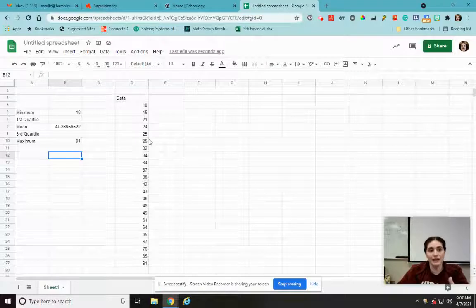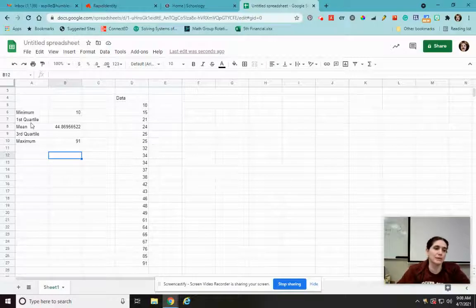It's higher than a quarter of your data. You see this a lot in test scores, like the SATs, or more often in the GRE, which is a grad school entrance exam. It'll say, you got this score and that puts you in the 94th percentile. 94th percentile means your score is better than 94% of the other scores.